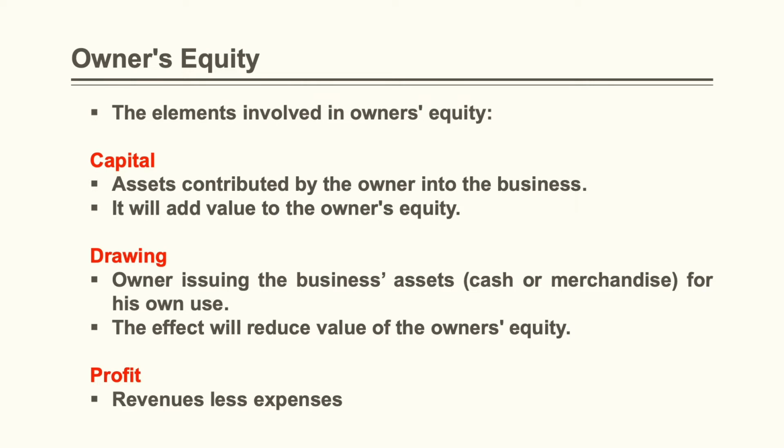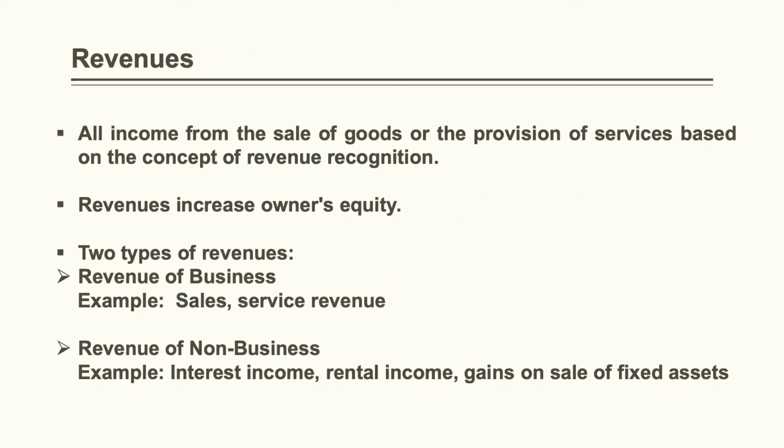The last part is profit or income. Profit, or untung bersih, is derived from revenue less expenses. Now what is revenue? Revenue refers to all income from the sales of goods or the provision of services based on the concept of revenue recognition.